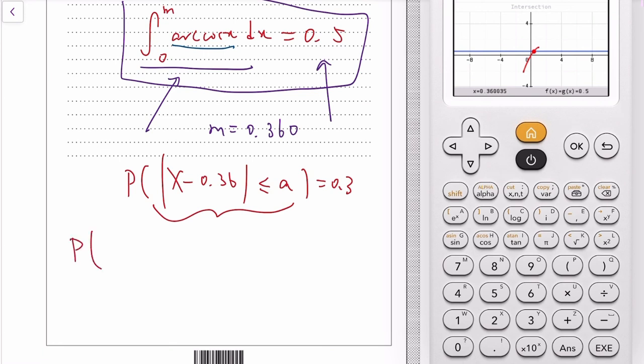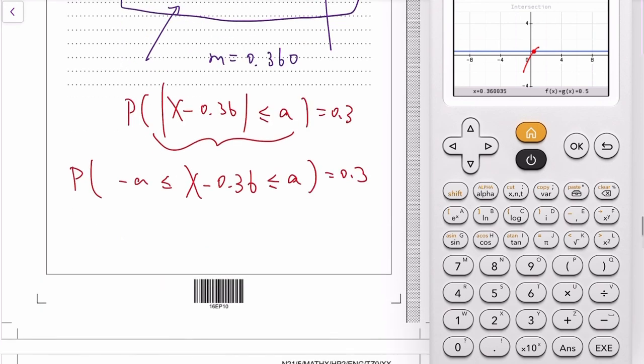If you have an absolute value less than a, that means the thing inside the absolute value should be between minus a and a. Then you add 0.36 to both sides, so minus a plus 0.36 is the lower bound of x, and a plus 0.36 is the upper bound.